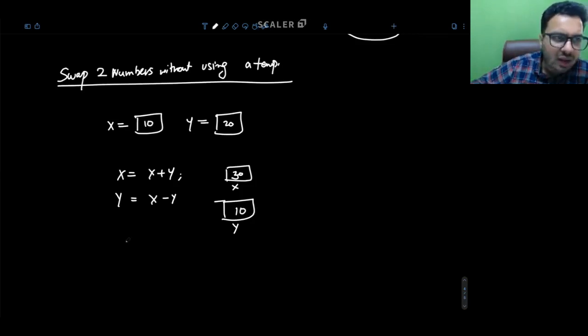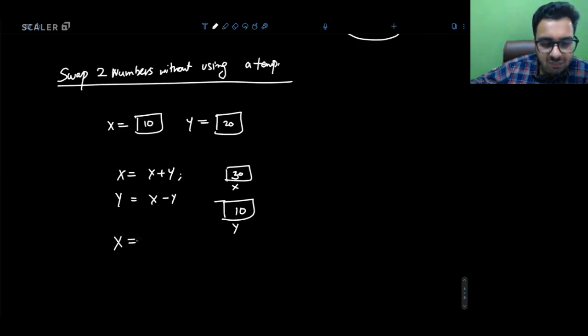In the third step, he says from x, I will subtract y. So y now contains the original value of x. From x, which was holding x plus y, we are subtracting that value of y, so it is now 30 minus 10, that is 20.